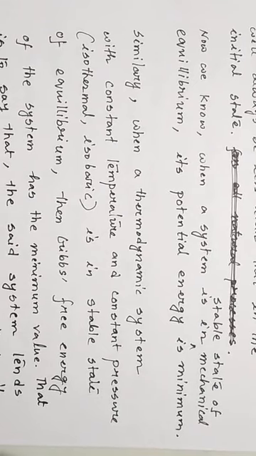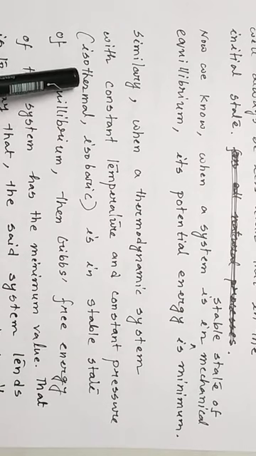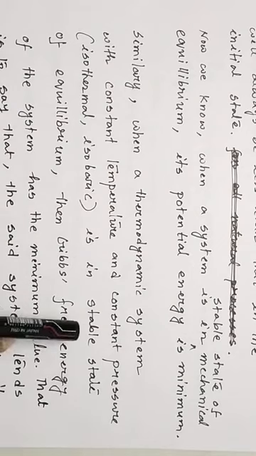That is, any change in a thermodynamic system which is at constant temperature and constant pressure has to be isothermal and isobaric. If such a system undergoes any isothermal and isobaric change, then it will always try to have minimum Gibbs free energy so that it can be in a stable state of thermodynamic equilibrium.